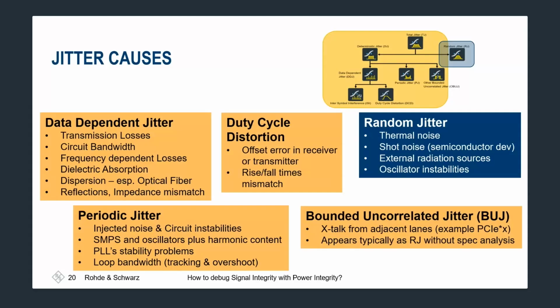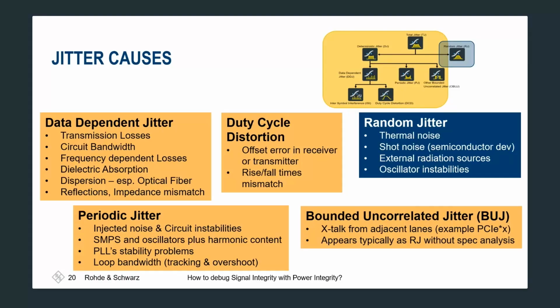For bounded uncorrelated jitter, the major source today will be crosstalk from adjacent lanes. If you, for example, think about a PCI Express lane, there we typically have more than one lane, and for current interfaces, we go up to 16 lanes in parallel. In this case, the neighboring lanes could have cross-coupling, so these effects can also be quantified as deterministic jitter.